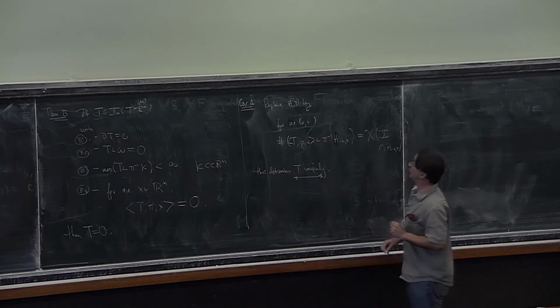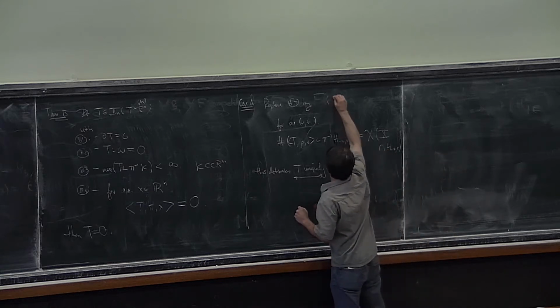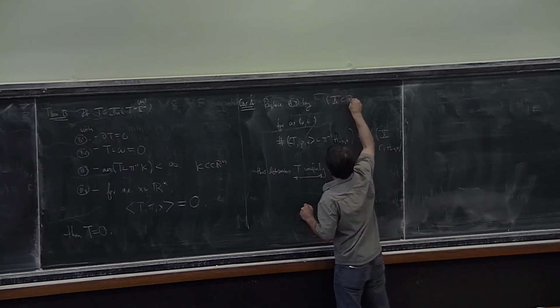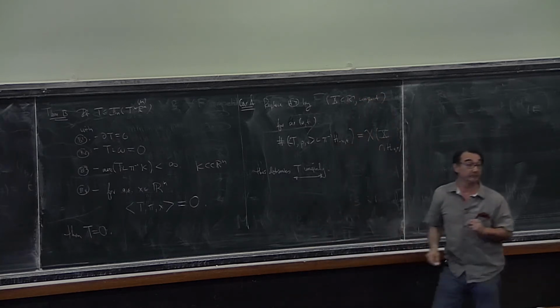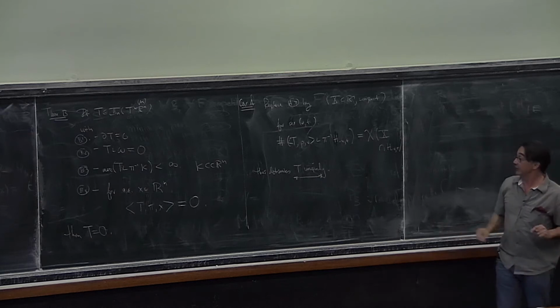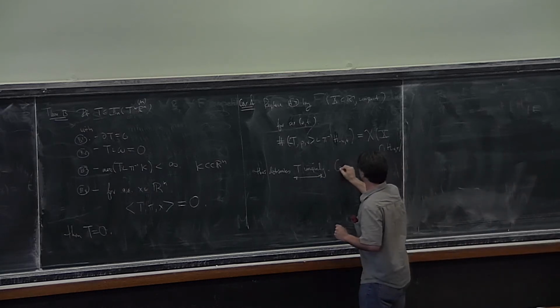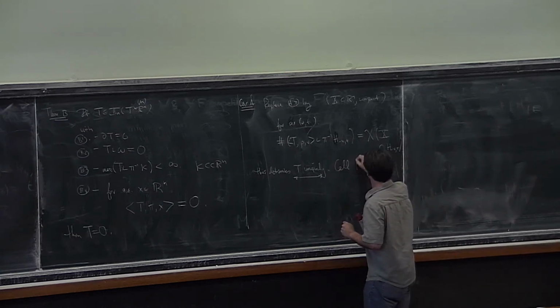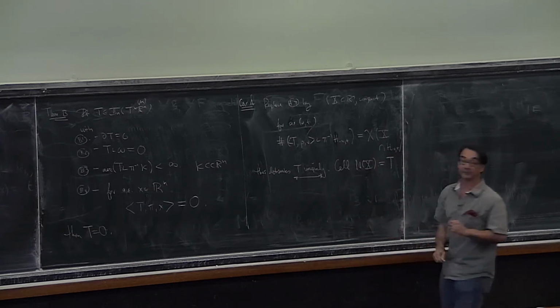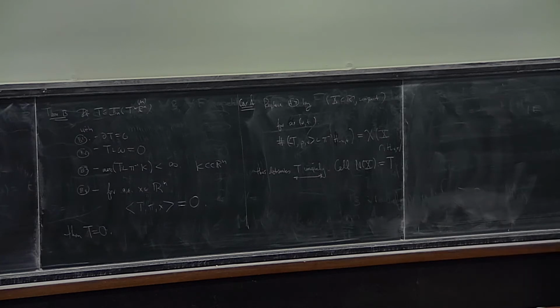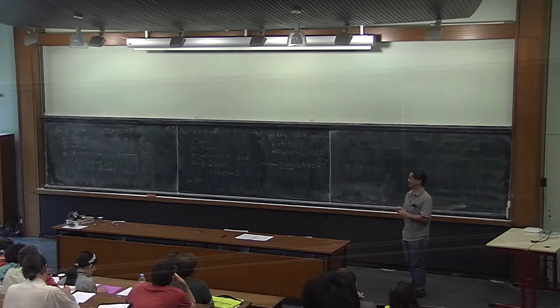Yes, I'm sorry, X is some subset of Rn, say compact. And then we call n of x to be this T. That's the normal cycle of T of x. The uniquely defined thing. So these things exist relatively rarely.